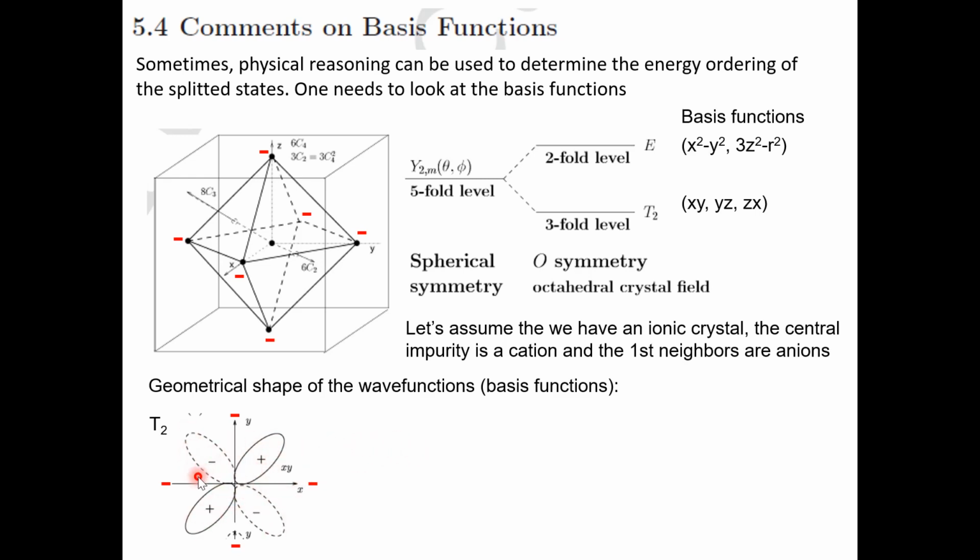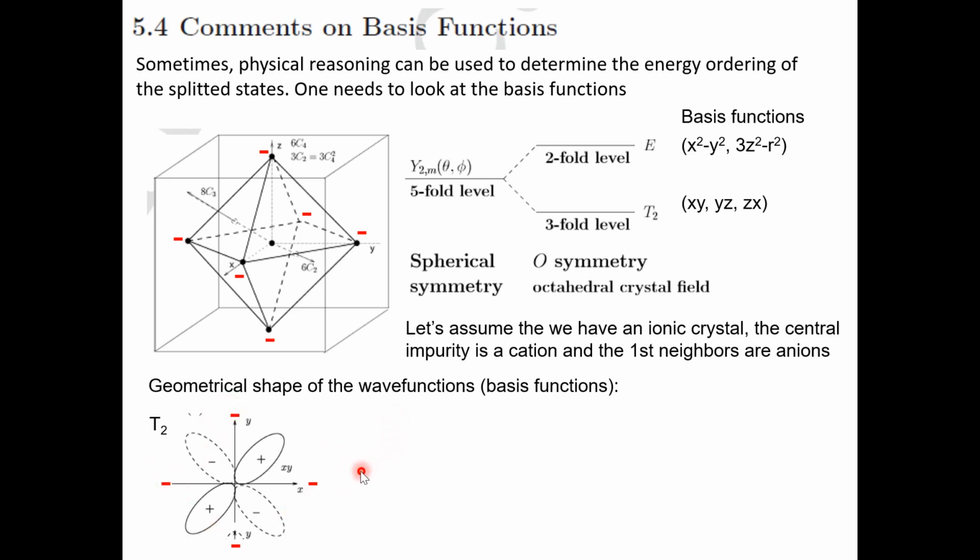Okay, it doesn't matter the sign, because when you square the wave function to get the probability density of electrons, what you can say basically is that you have high probability of finding electrons along these diagonals, but you have low probability of finding electrons along the Cartesian coordinates, for instance along x or along y. And these are precisely the directions where we have the anions, okay, the negative ions that I represent here.